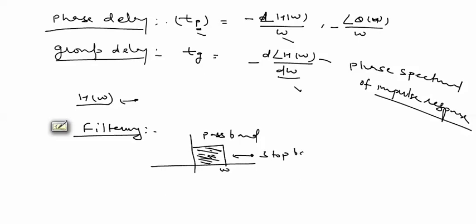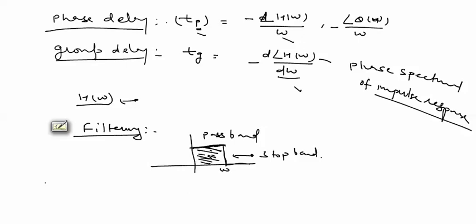Stop band means stopping the particular frequency band. If a component passes through the pass band, it is multiplied by the pass band magnitude. If it passes through a stop band, it is multiplied by 0.